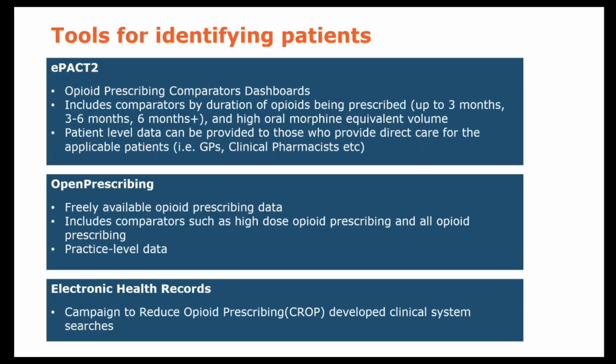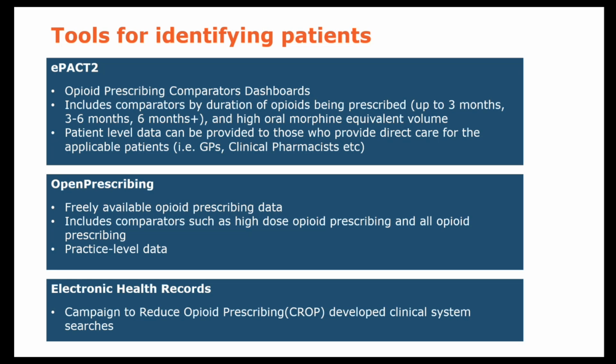We'd just like to briefly mention some of the tools that can be used for identifying patients. We've mentioned the importance of data to be used for identifying patients who are potentially at risk of harm. One of the tools available is EPACT-2. That has a number of opioid prescribing comparator dashboards.